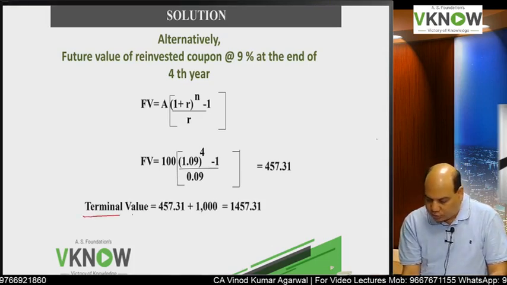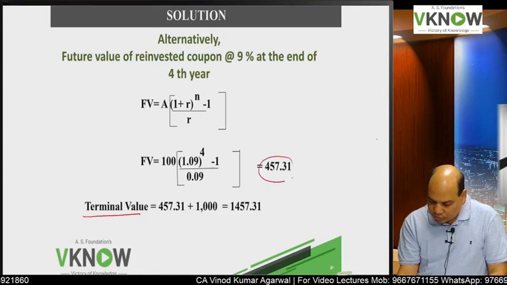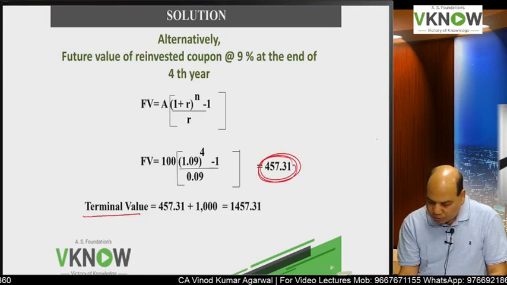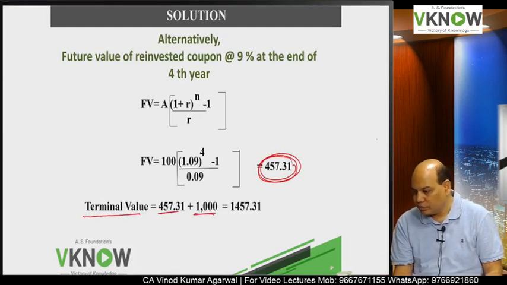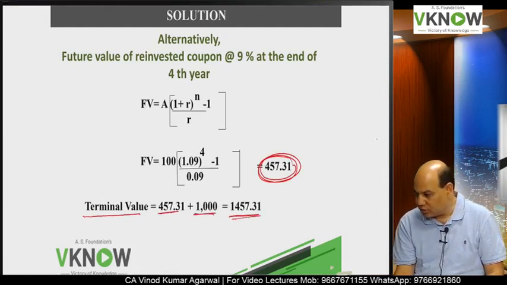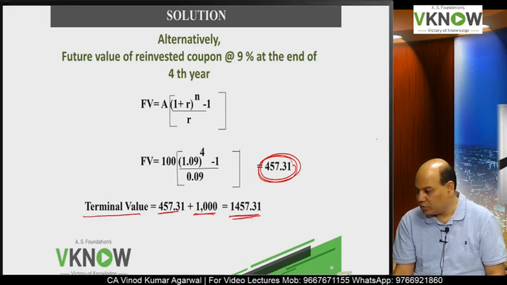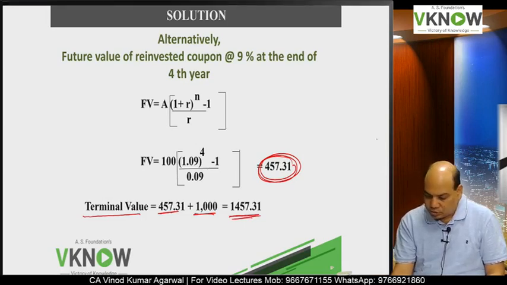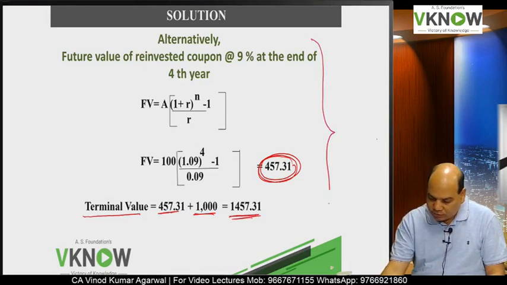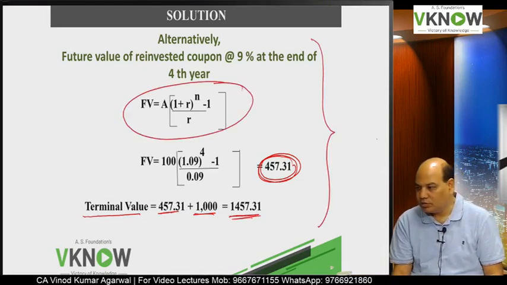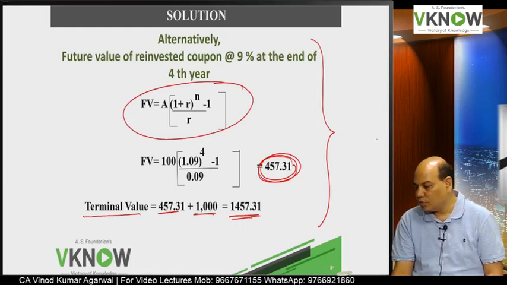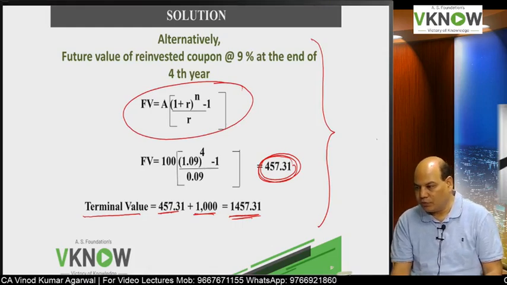So terminal value will be the future value of all coupons plus the redemption value 1000. So you will get the same answer, 1457.31. So this method is very fast, but you have to remember this formula. This is the formula of future value of an annuity.